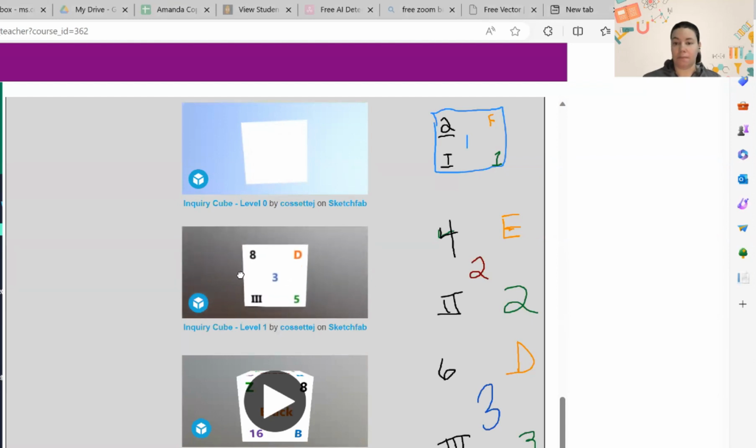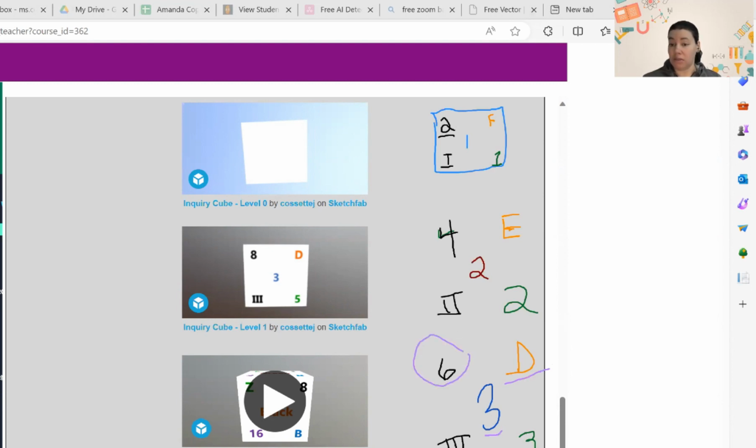So let's look. Uh-oh. I was right on a couple things, right? So right for D, I was right, the 3 was blue, right? I was right on the Roman numeral.